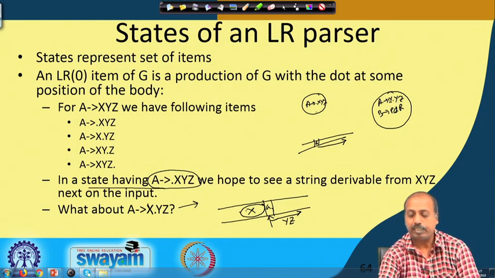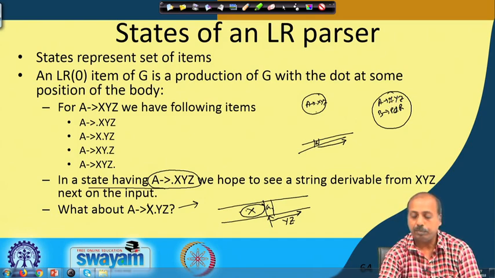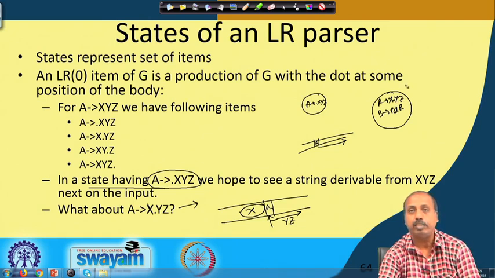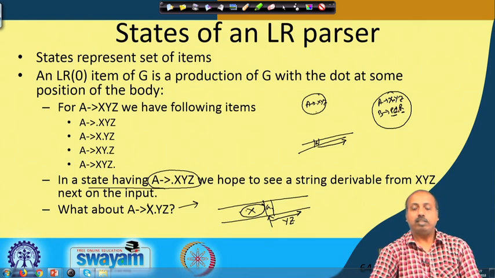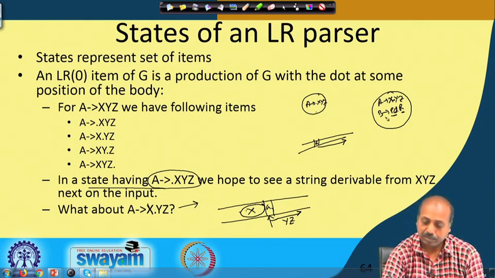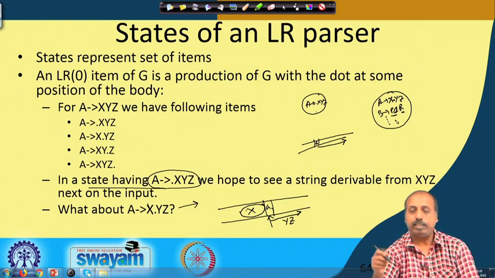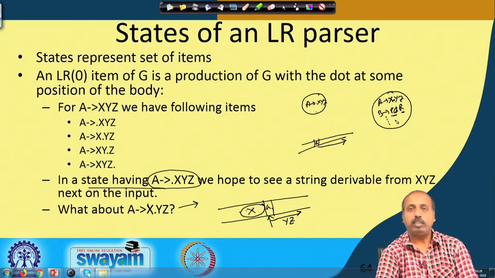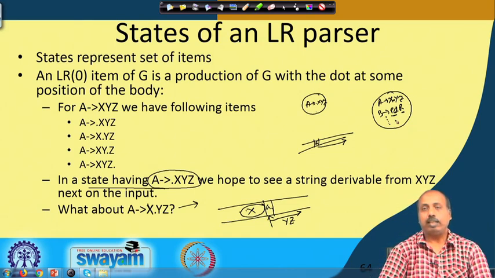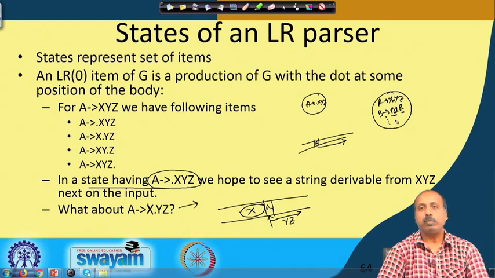I have seen a string derivable from x and now expect to see a string derivable from y z, or I have seen a string derivable from p q and now expect to see a string derivable from r. So all the items in a state give us enough hint about the type of string that we have seen so far, and the type of string we are expecting to see next.